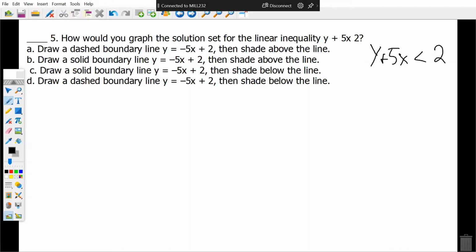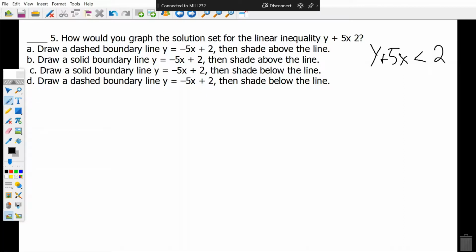So the first thing you'd want to do, well, here's what I would do. If I were doing this question and any multiple choice question in math, I want to cross out answers that I know are wrong. The first thing that I see is that it is a less than sign. It's not less than or equal to, it's just less than.